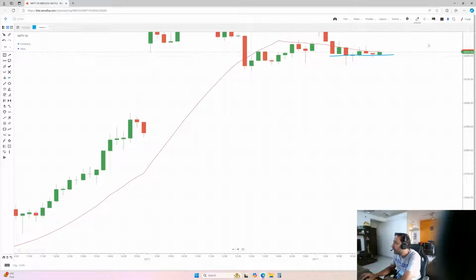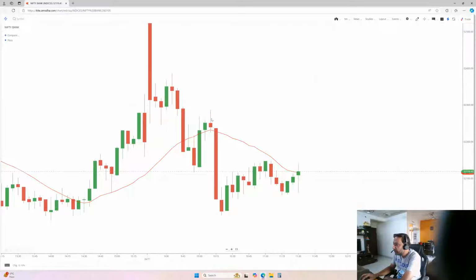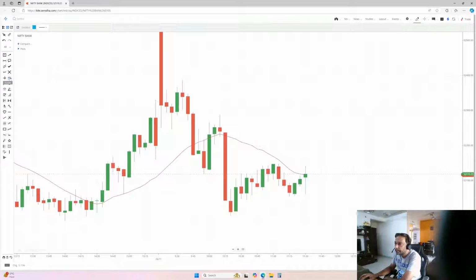Now let's move to Bank Nifty. If we observe, Bank Nifty has shown this much of a fall.